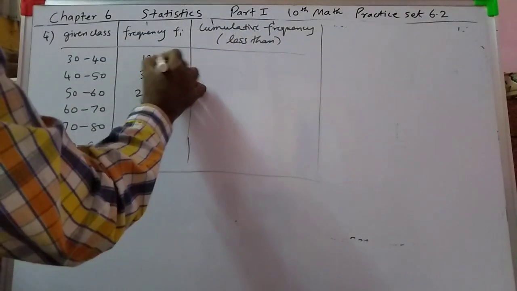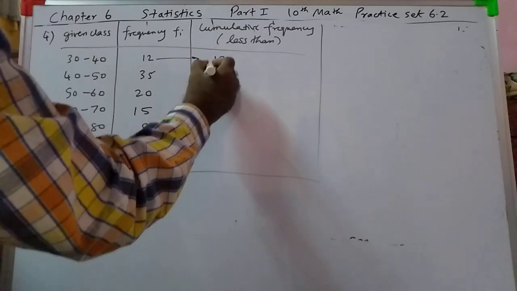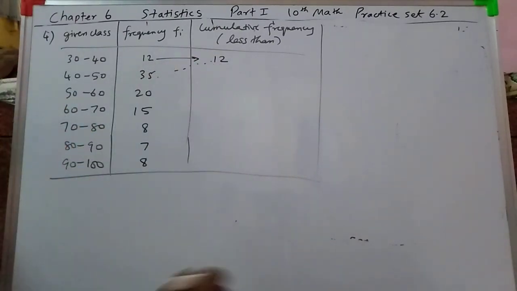Calculate the cumulative frequency less than type. Add it, okay.